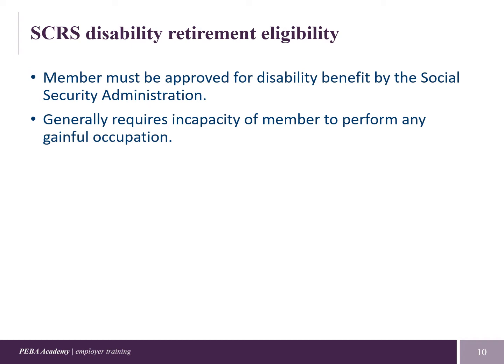SCRS members must be approved for disability benefits from the Social Security Administration to receive disability retirement benefits from PEBA. The Social Security Administration generally requires that a member be incapable of performing any gainful employment to be approved. In other words, the member is fully disabled.